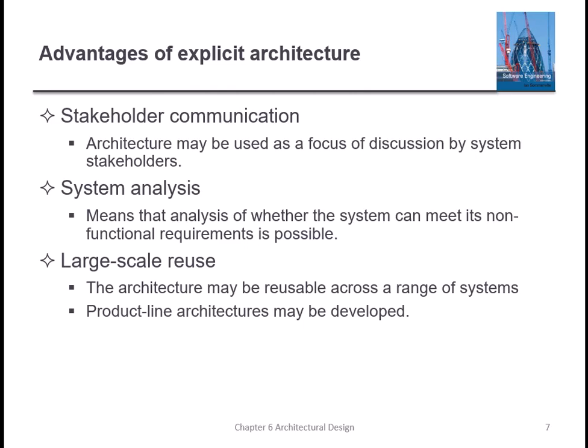The second advantage of explicit architecture is system analysis. It means analysis of whether a system can meet its non-functional requirements or not. Remember that we have three types of requirements: user requirements, functional and non-functional requirements.